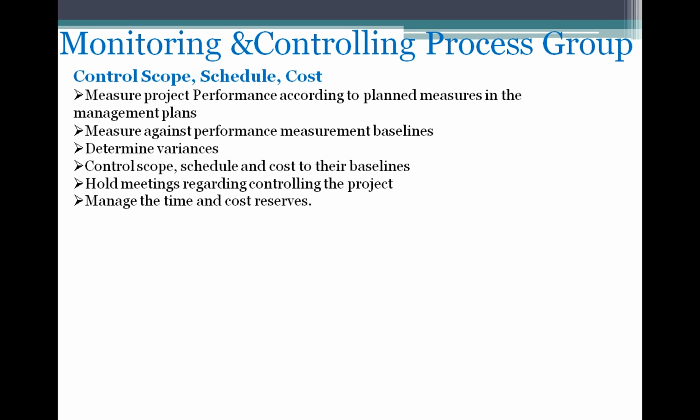When the project deviates and the cost deviates, he uses the reserves to bring the project back under control. If it is the schedule, we have a time reserve, and he adjusts to the reserves we have. That is the authority of the project manager: the project manager has the authority to use these cost and time reserves.